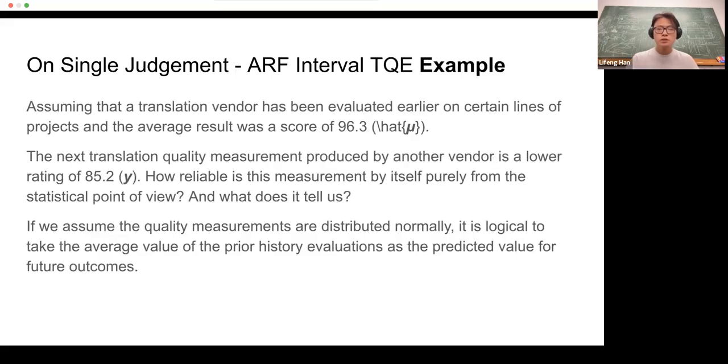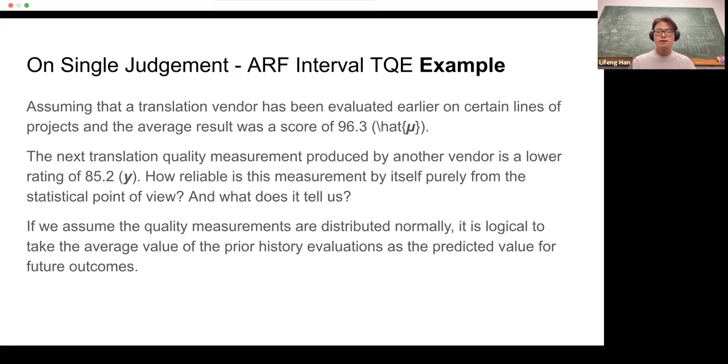Let's see one example using the ARF interval for translation quality evaluation. Assume that a translation vendor has been evaluated earlier on certain lines of projects and the average result was a score of 96.3. That is the mu hat score. The next translation quality measurement, produced by another vendor, is a lower rating of 85.2, the y score.